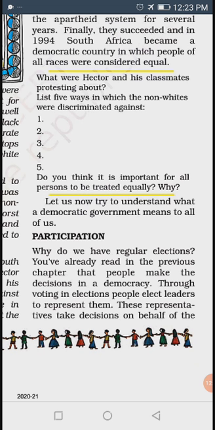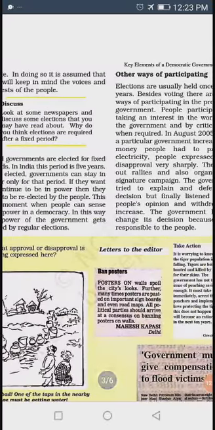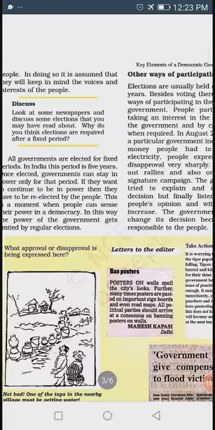People, by voting, by elections, choose their leaders and representatives. These leaders and representatives form a government, and they take decisions for the people, on behalf of them.